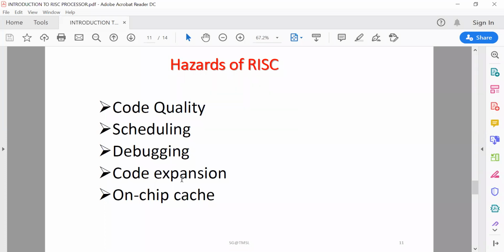Since CISC machines perform complex actions using a single instruction, whereas RISC machines may require multiple instructions for the same action, like code expansion for a program compiled for a CISC machine, that can be a problem.